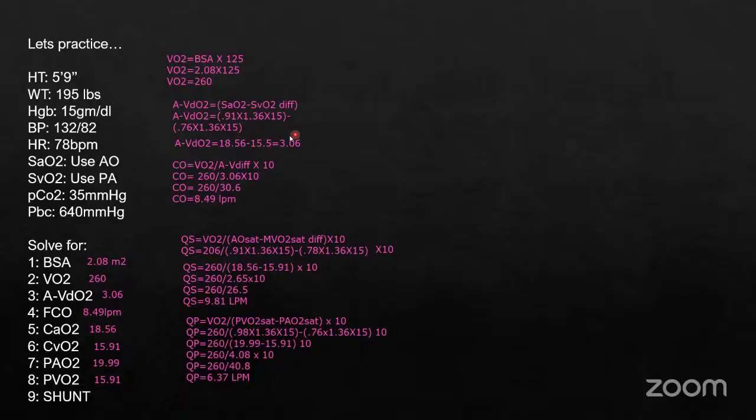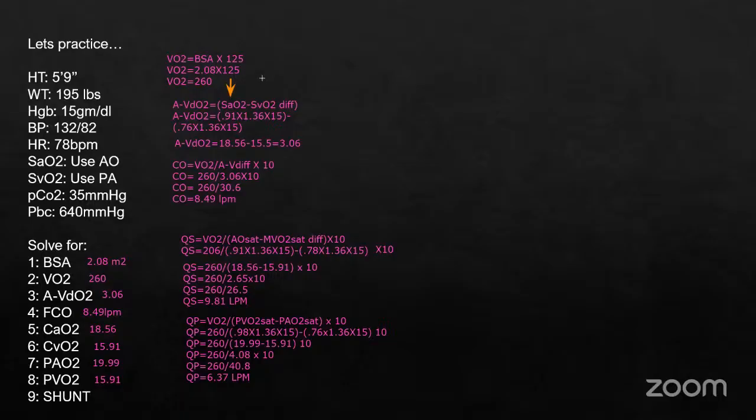But no, because I'm going to tell you why. On cardiac output, this value, let me annotate here. What is the unit that you use here? What oxygen saturation do I use?